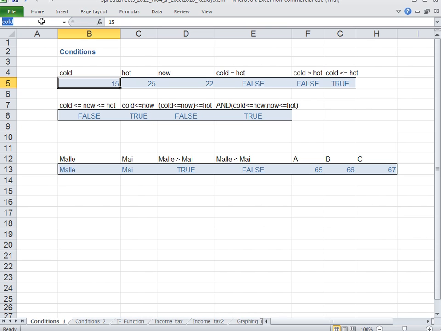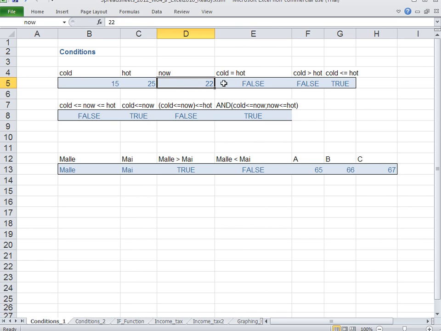The first cell is named cold, which basically means that in a northern country, in the month of June, if the temperature is 15 or below, we consider the temperature to be cold. The other temperature is hot, which once again here in a northern country could be in June 25 degrees centigrade, and you'd consider the temperature to be hot. And let's say that right now the temperature is 22 degrees centigrade.